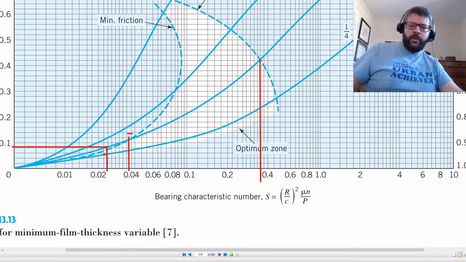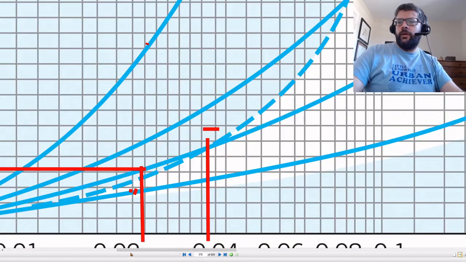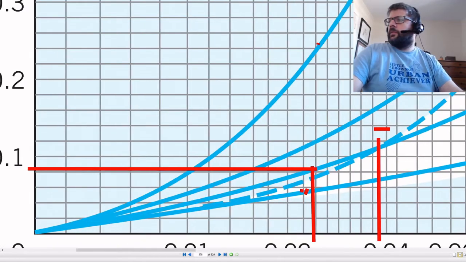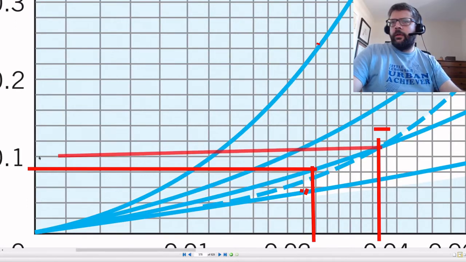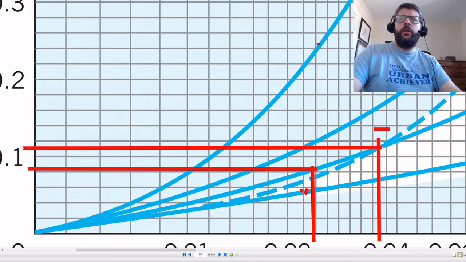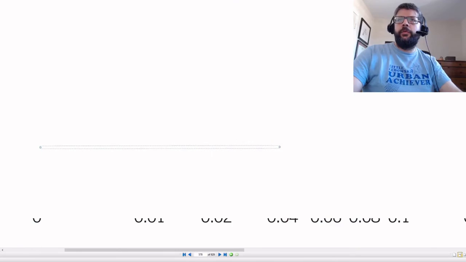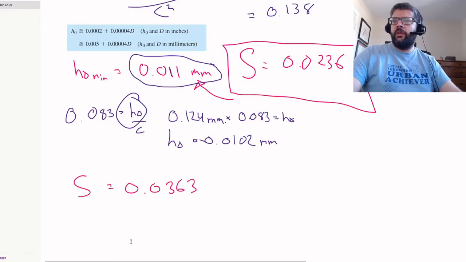So zooming in there, we're looking at what looks to me to be about 0.11. Yeah, 5 divisions between the two. So 0.11 is our h naught over c for that condition.